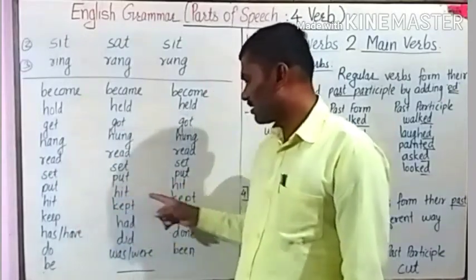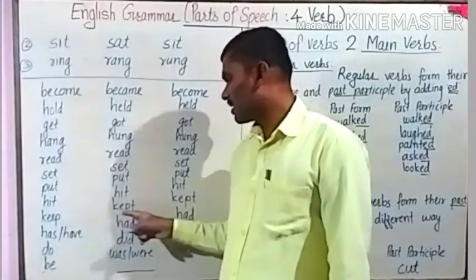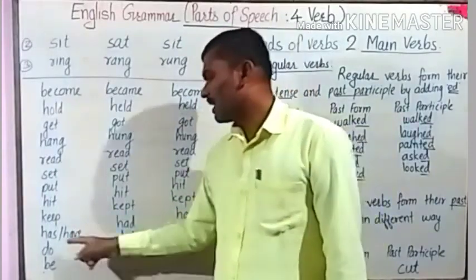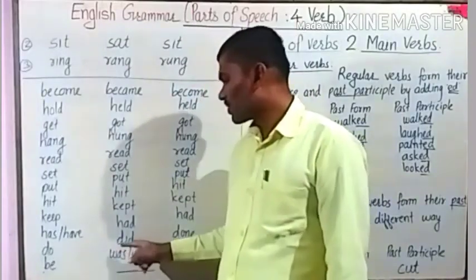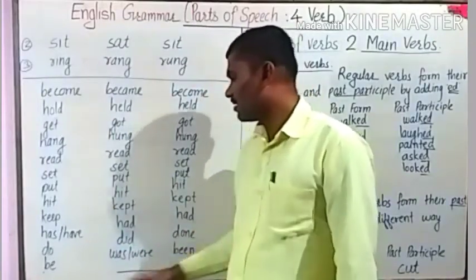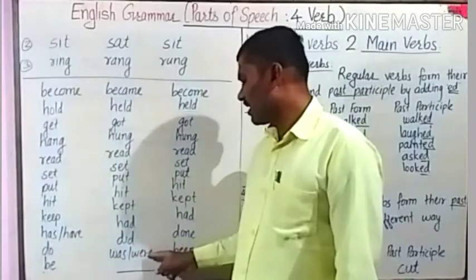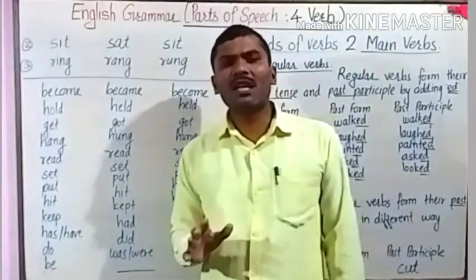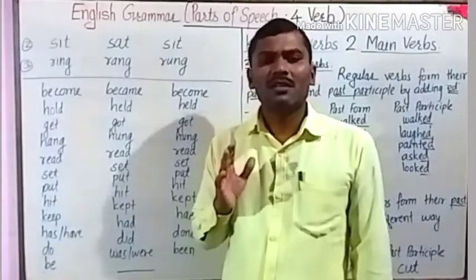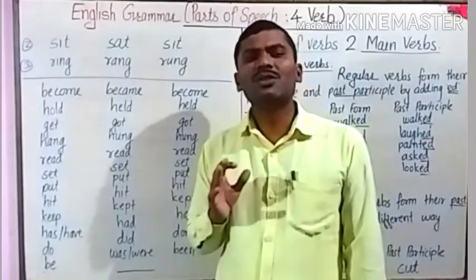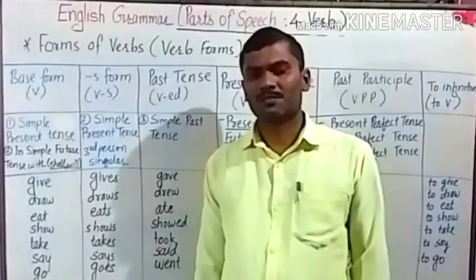Hit, hit, hit. Keep, kept, kept. Has, have, had, had. Do, did, done. Be, was, were, been. Students are requested to see more examples from grammar books or using the internet.